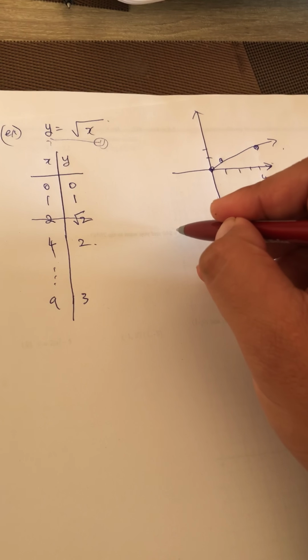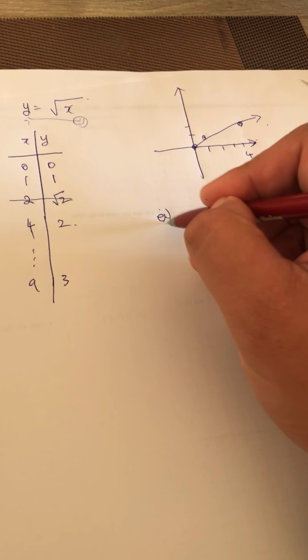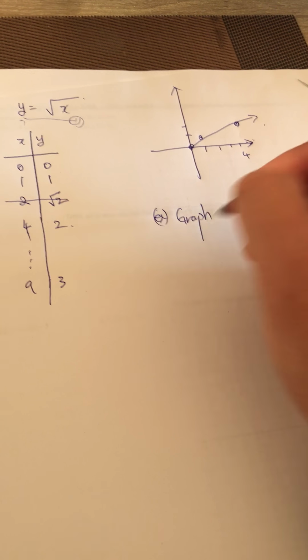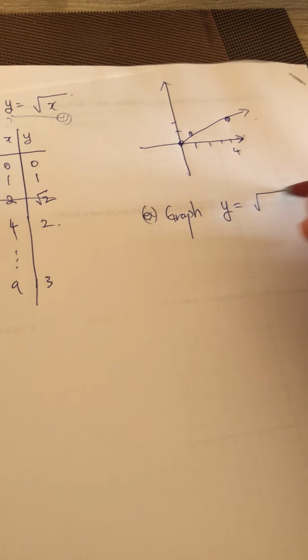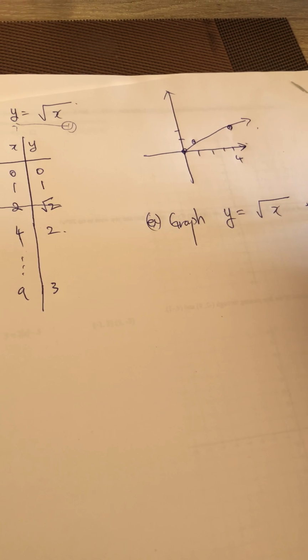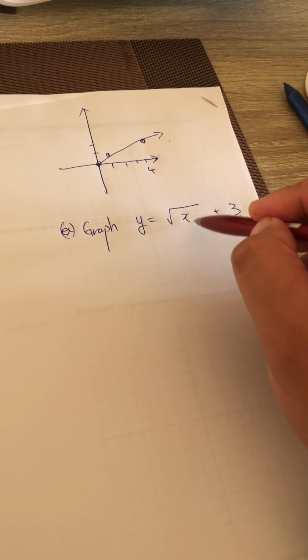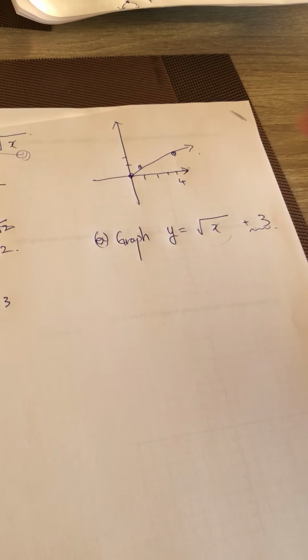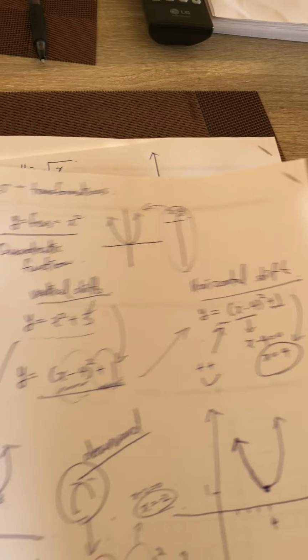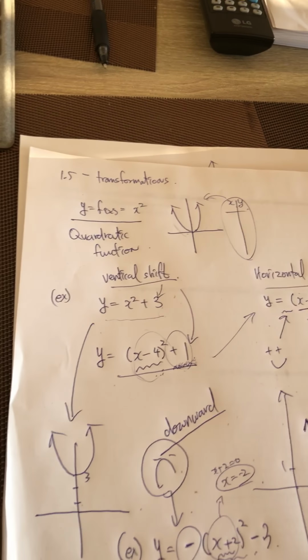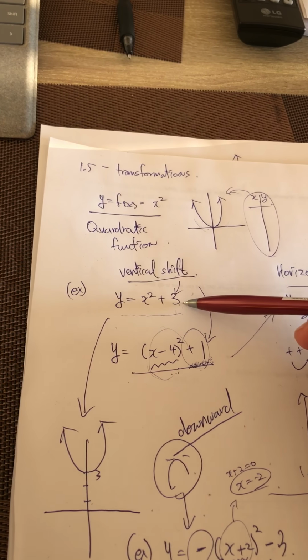Now, my question is, let's graph y equals radical x plus 3. As you could see, that plus 3 is outside of the radical. Now, if you remember this, it looks something like this situation, right?